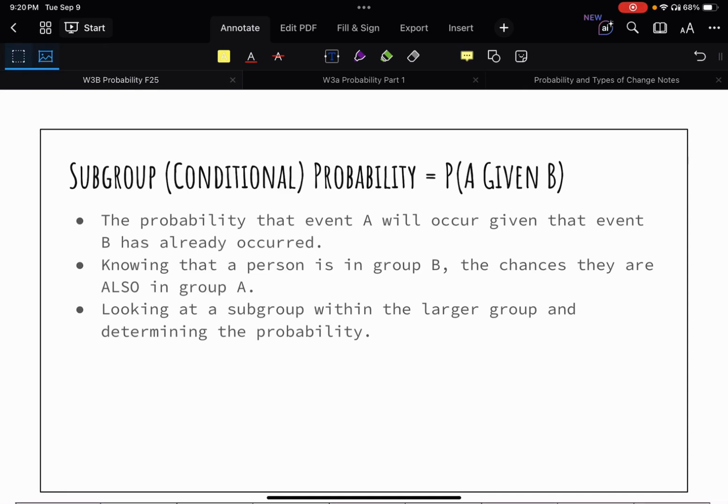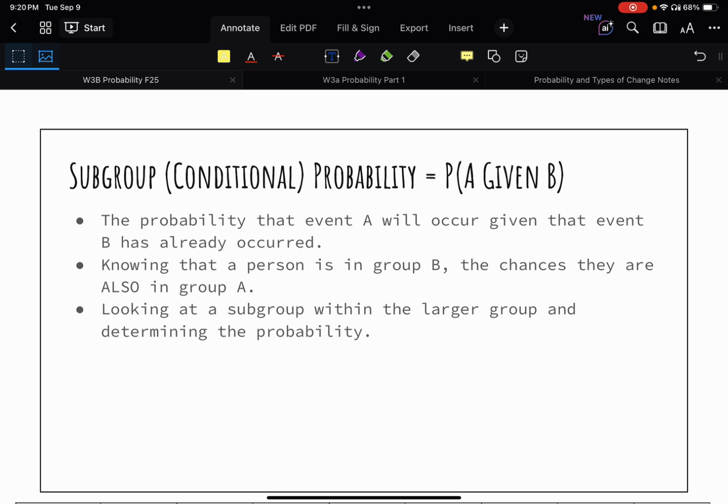This final video introducing our different types of probability is going to focus on a type of probability that in math books is referred to as conditional probability, but I like to call it subgroup probability, because I find that if you think about this as just looking for the likelihood that someone in a certain smaller subset of the bigger population fits certain characteristics, it makes this easier to think about.